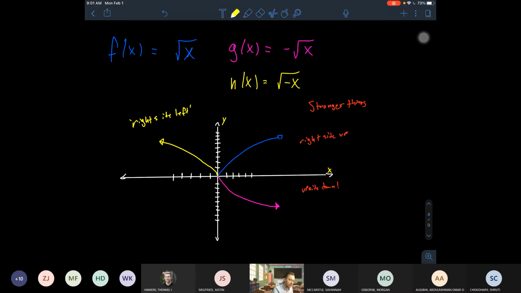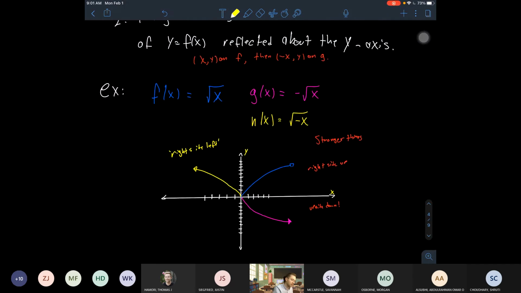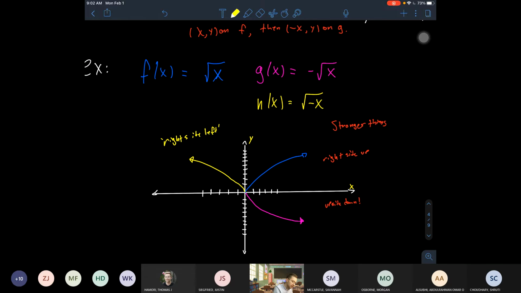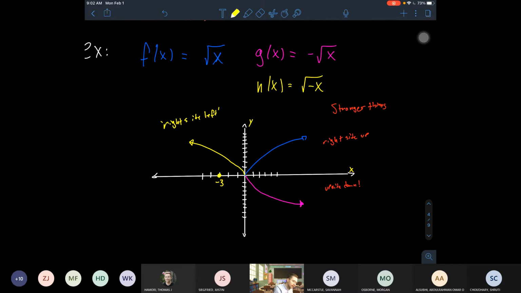I don't care if you use this analogy or not, but you need to know how these graphs are going to change. The effect of graphing the square root of negative x is that we're going to go to the left now, because we take a number, for example, -3. h of -3 is going to be equal to the square root of -(-3), which is the square root of 3.